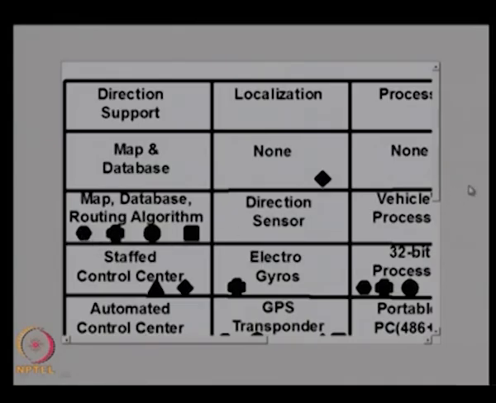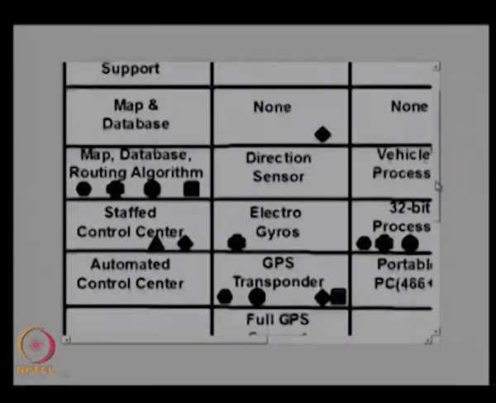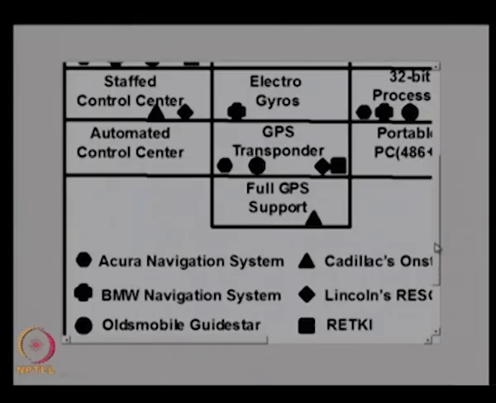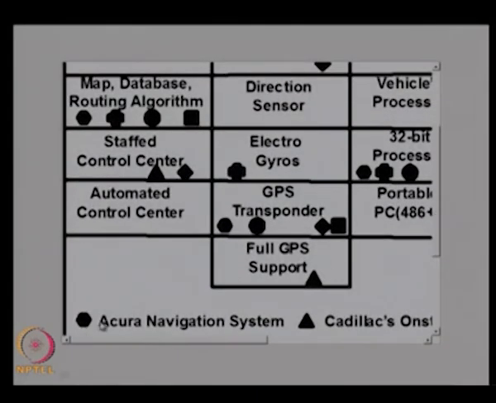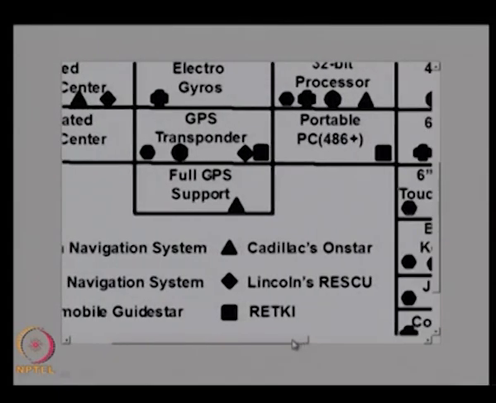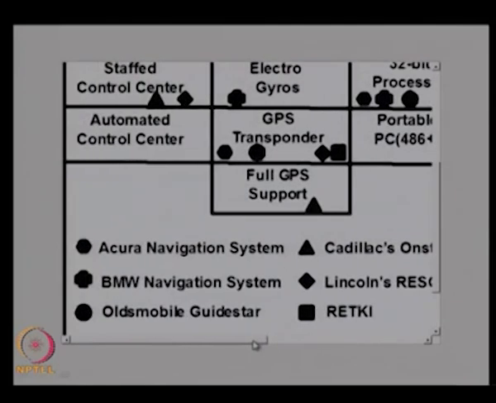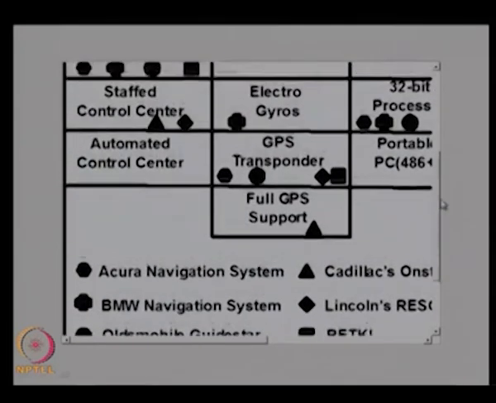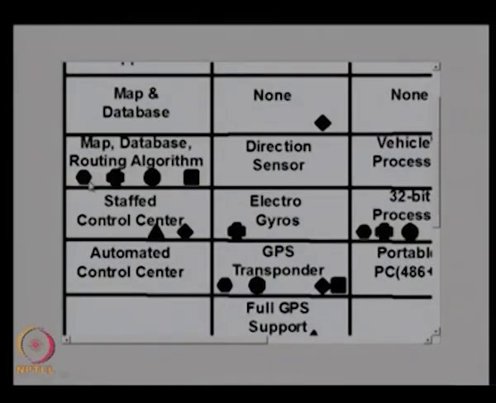What this symbol shows here are the possible manufacturers or commercially available systems. Here you can see the Acura navigation system, then BMW or Oldsmobile Guidestar, then Cadillacs or Lincolns and Redkey. These are commercially available in the market. So for this particular one we can use any one of these.